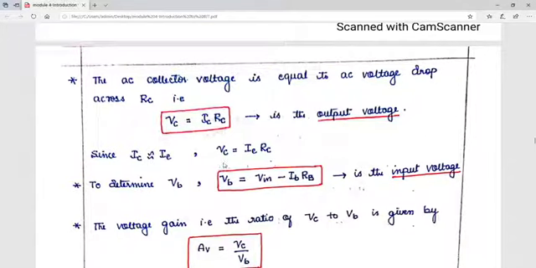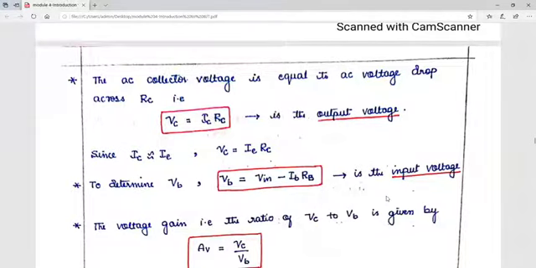Now we will write the equation for VC, which is equal to IE into RC. If you want to calculate the input voltage, it can be calculated by VB, which is equal to Vin minus IB RB, which is your input voltage.